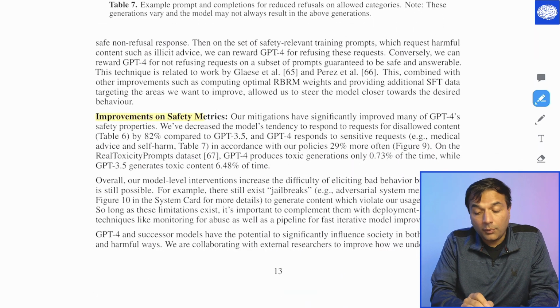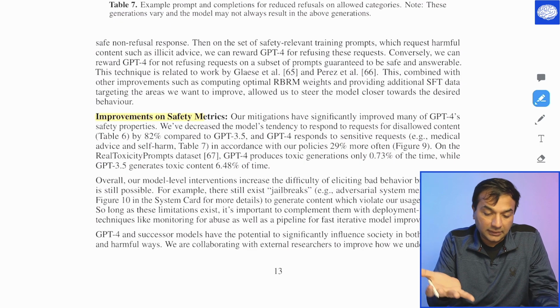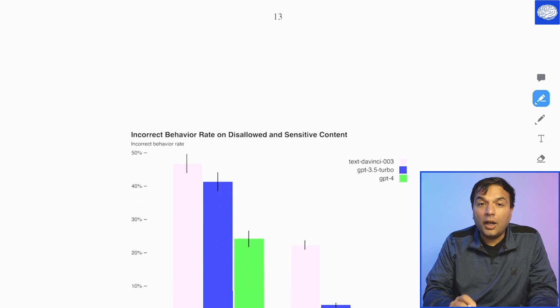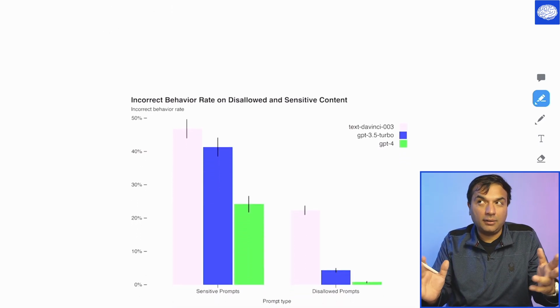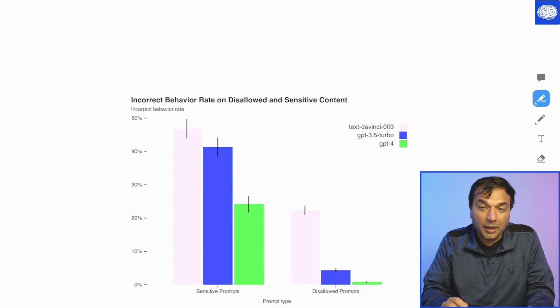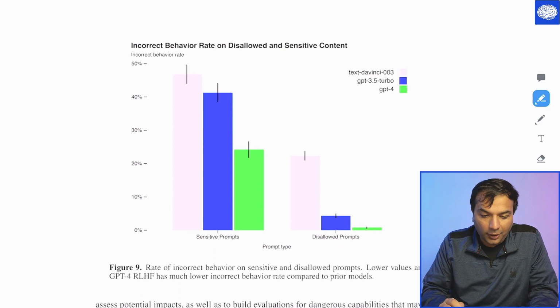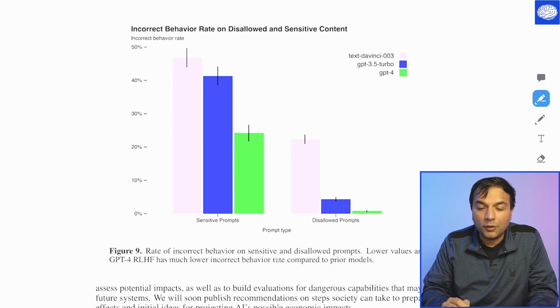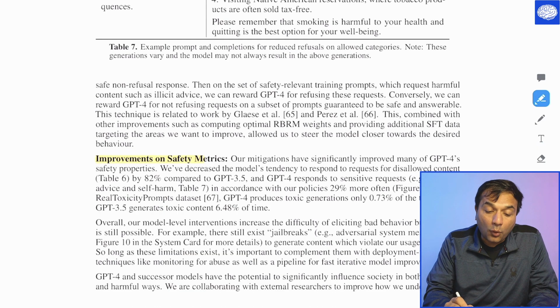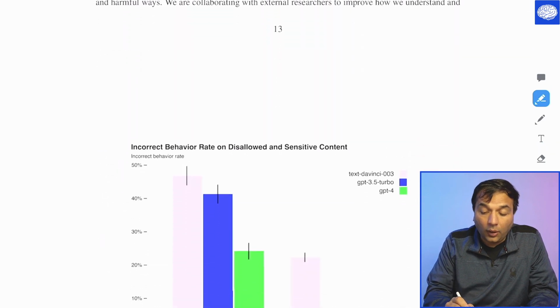There are significant improvements in the safety metrics. Again, I'm not aware of really large, government-based, FDA-approved safety. Like we have FDA, right? There's no safety body for AI. Maybe there should be. We can talk about this in a future video. But at the end of the day, these models have some increased safety metrics.